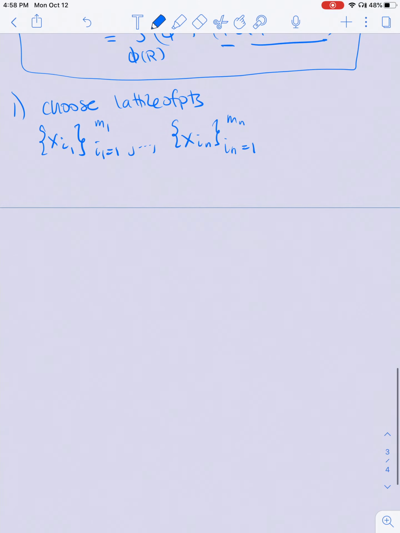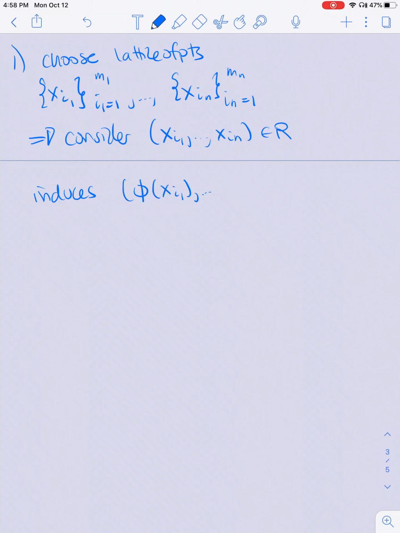Then I can consider all of the tuples x_{i1} through x_{in} in my region R, and this produces some set of points, phi of x_{i1} all the way out through phi of x_{in}, which are elements of phi of R. I'm going to rename these to just be phi of i1 all the way out through phi of in, for conciseness.